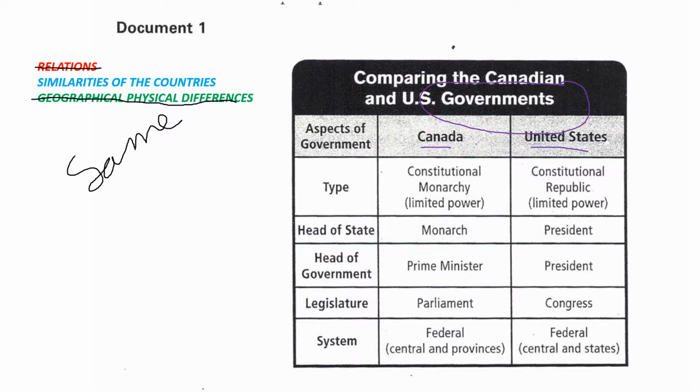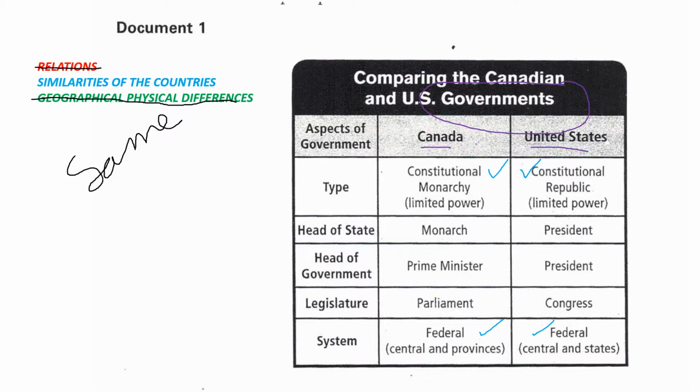Now, it's true that they have a monarchy and we have a republic, but both of them are constitutional. So we can say that this is the same. Looking further, we can say here that both of the systems of government break up the countries into central and smaller parts, like provinces or states. So the system, the federal system, is the same.